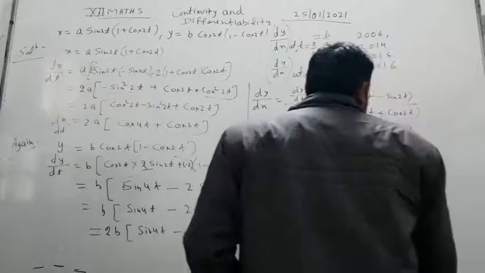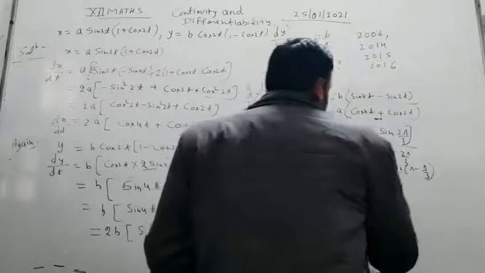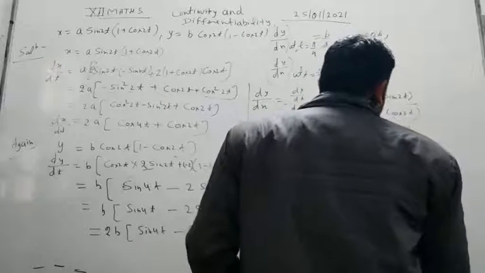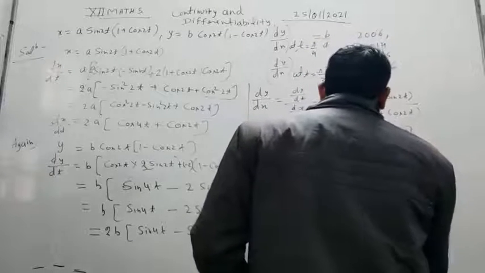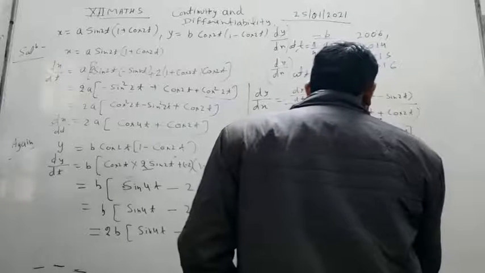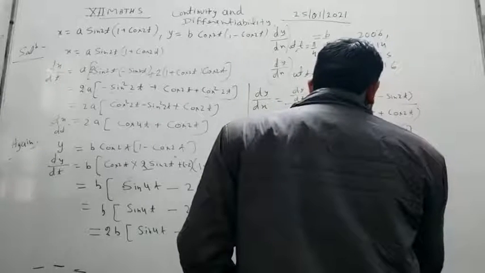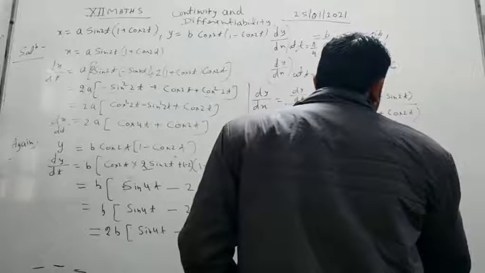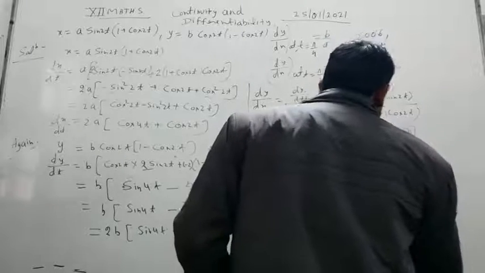Okay, because this is 4 pi by 3, and this is 3 minus 1, 2 pi by 3, and this is, students, cos pi plus pi by 3, cos pi minus pi by 3.